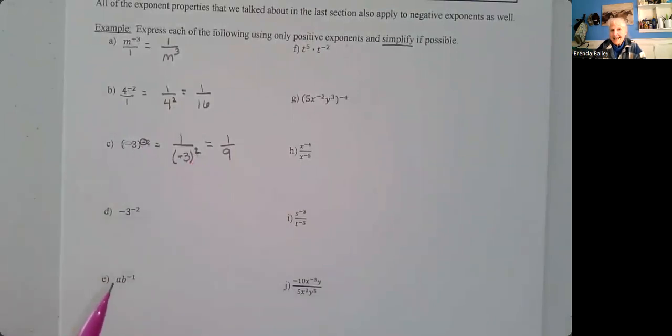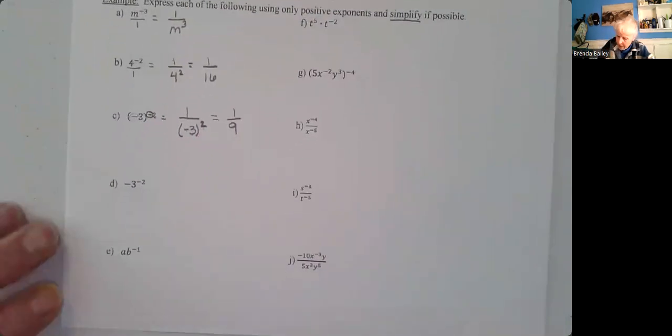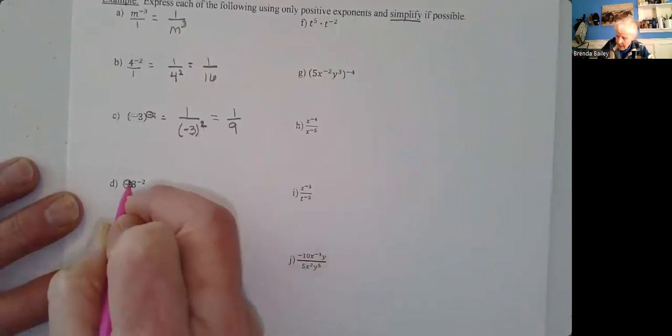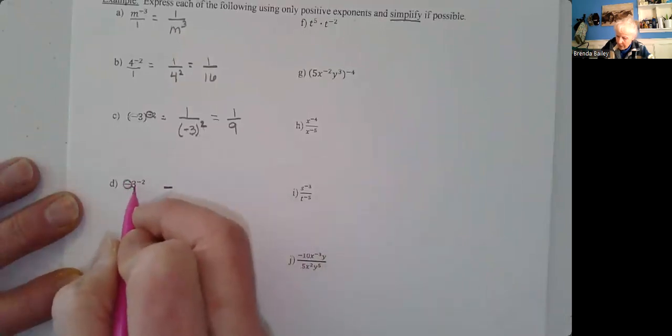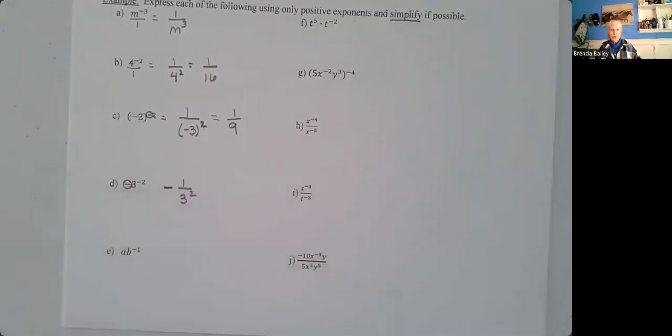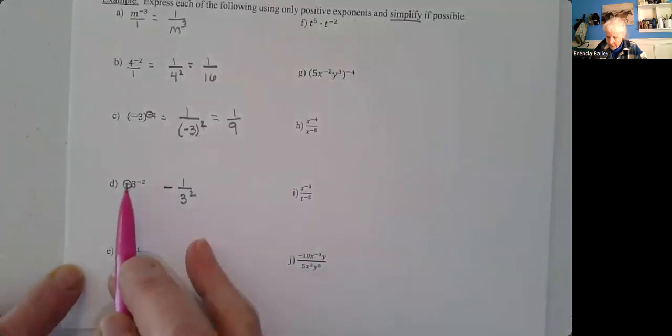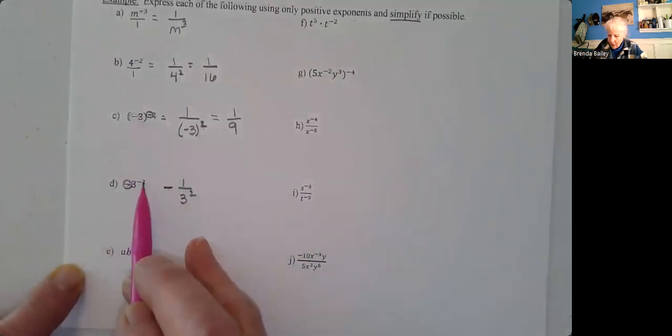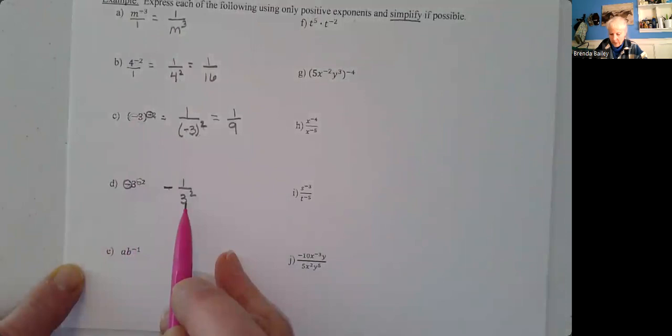D, the negative is not in the parentheses, so it stays. So this is a negative, that's from here. This is going to go underneath. Well, I hope I didn't lose you there. So the negative stays, it's not in the parentheses like this one. And then to get rid of this negative exponent here, I put the 3 squared underneath.